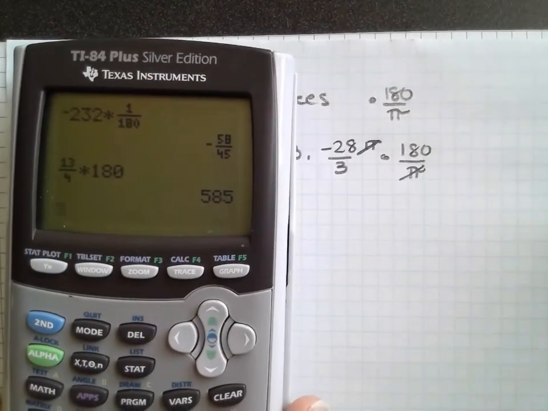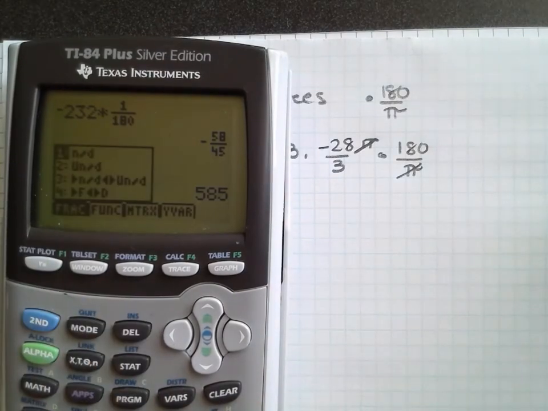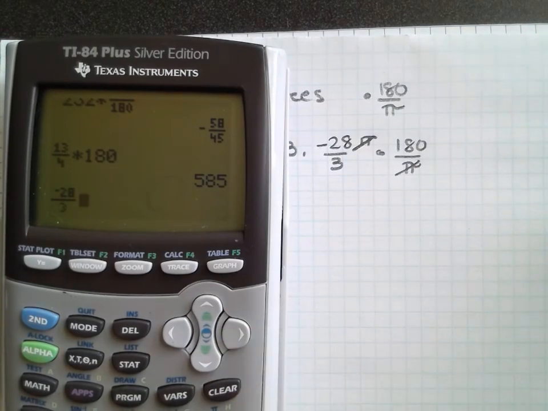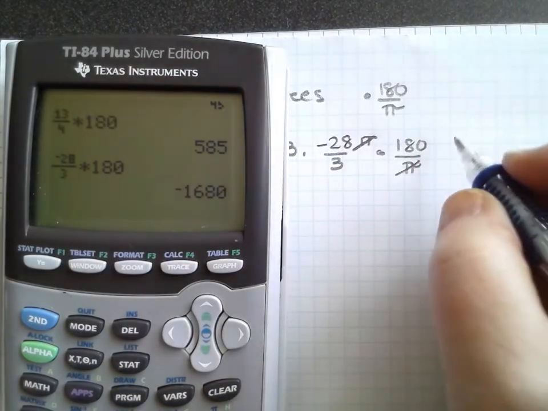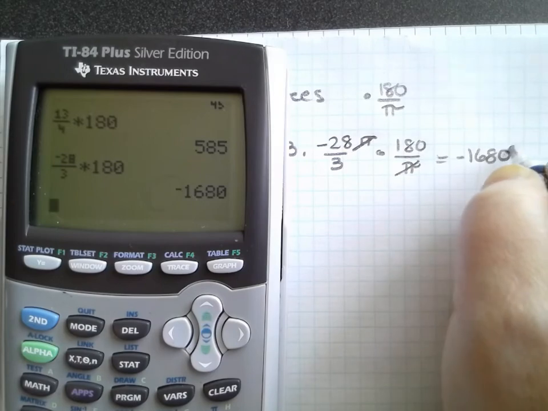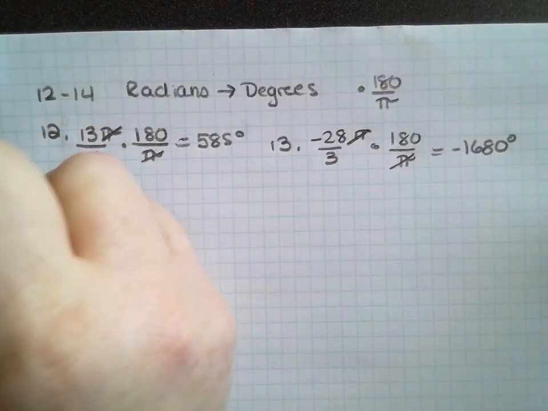So I'm going to do alpha y equals negative 28 divided by 3. And I'm multiplying that by 180. And that gives me negative 1,680 degrees.